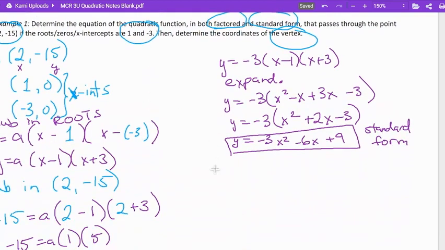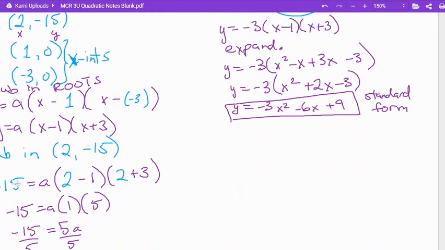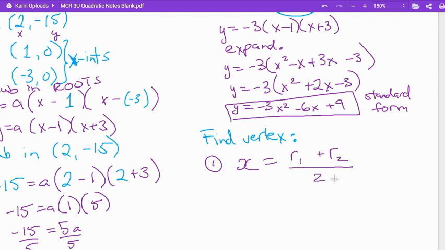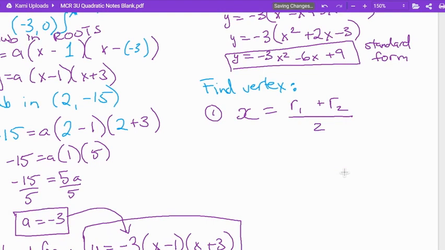So to find the vertex, our first step is that the x part of the vertex is when we add up the two roots. So add up the first root plus the second root and divide it by 2.